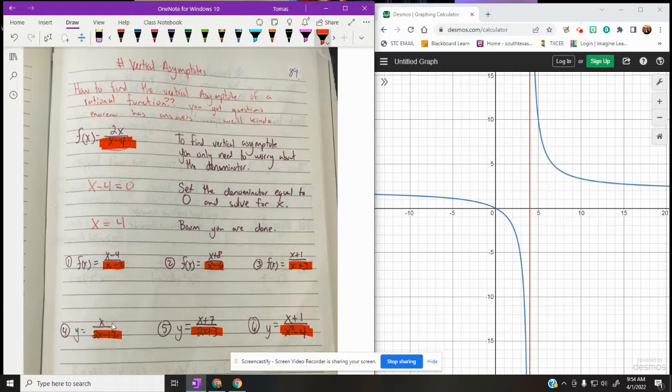We are not looking at anything else but the denominator. We'll worry about the horizontal asymptote later. But right now, for the vertical asymptote, we are looking for our vertical asymptote, VA. I'm going to call it VA. Okay, guys, vertical asymptote.